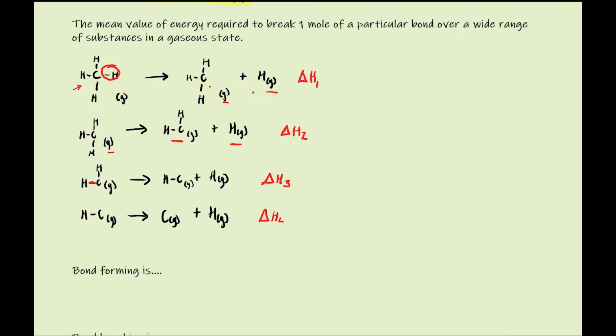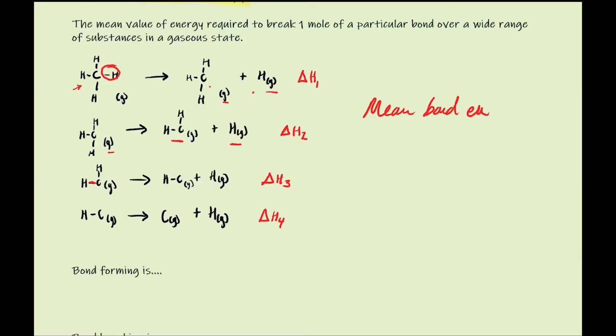This just illustrates that the bond enthalpy, or the strength of the bond, is determined by the environment it is in. It is not static, no matter what molecule it is in or at any point within the molecule. So that is something that we need to consider. So we must take a mean bond enthalpy.